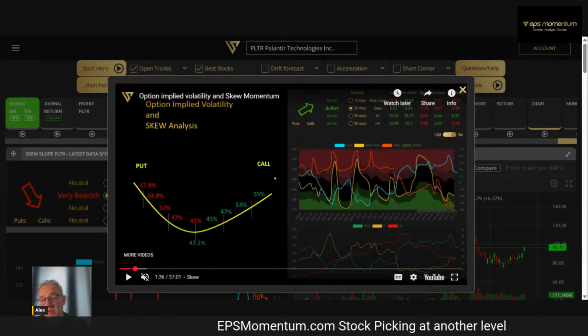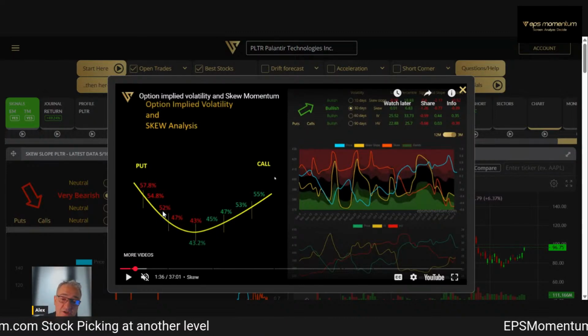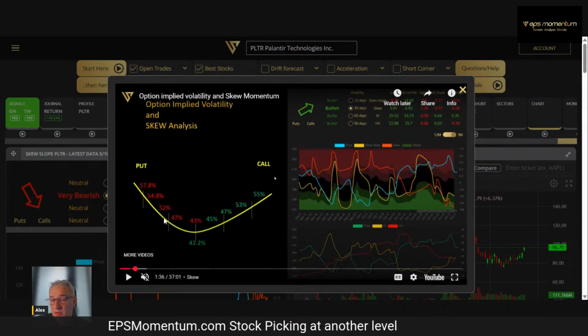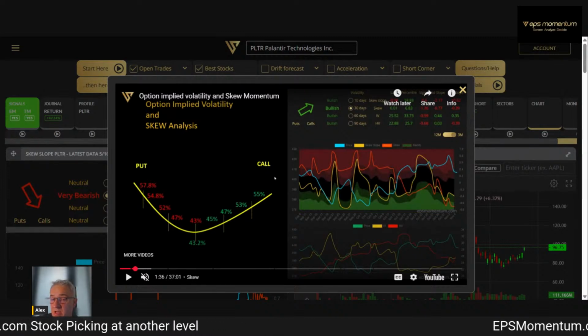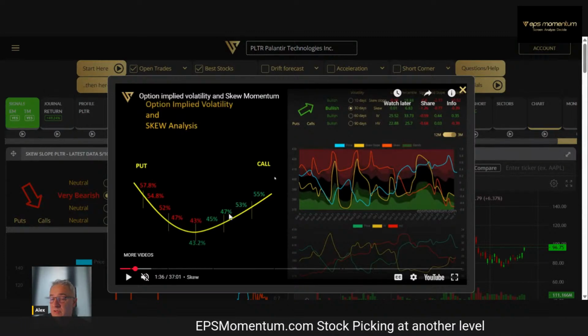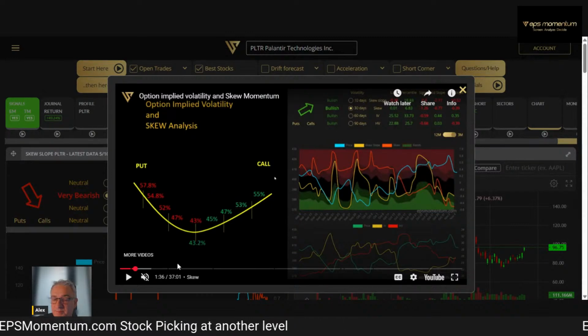Implied vol is really an indication of how in demand those options are. So if puts are more in demand than calls, that means that a portion of the market who trades options is more bearish than bullish. Conversely, if the calls are more expensive from a vol standpoint, they're more bullish than bearish.